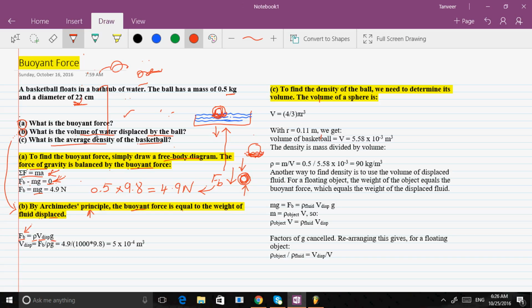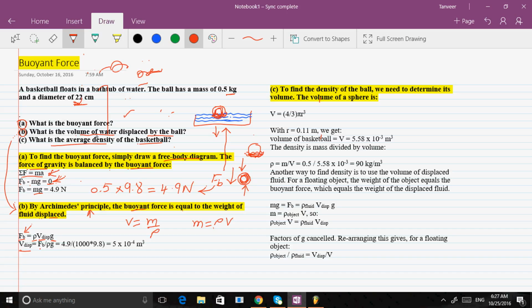We are very well aware of this formula: mass is equal to density times volume displaced, and volume is equal to mass divided by density.